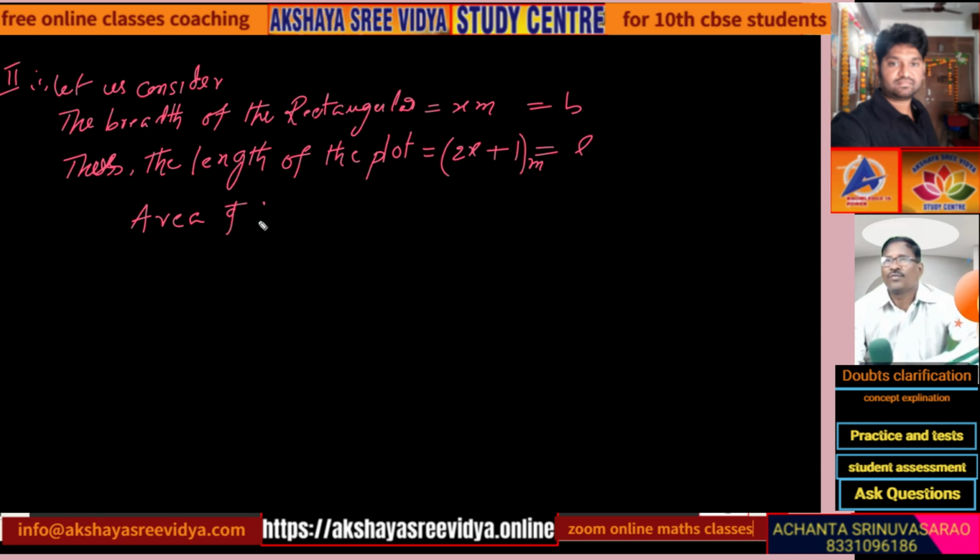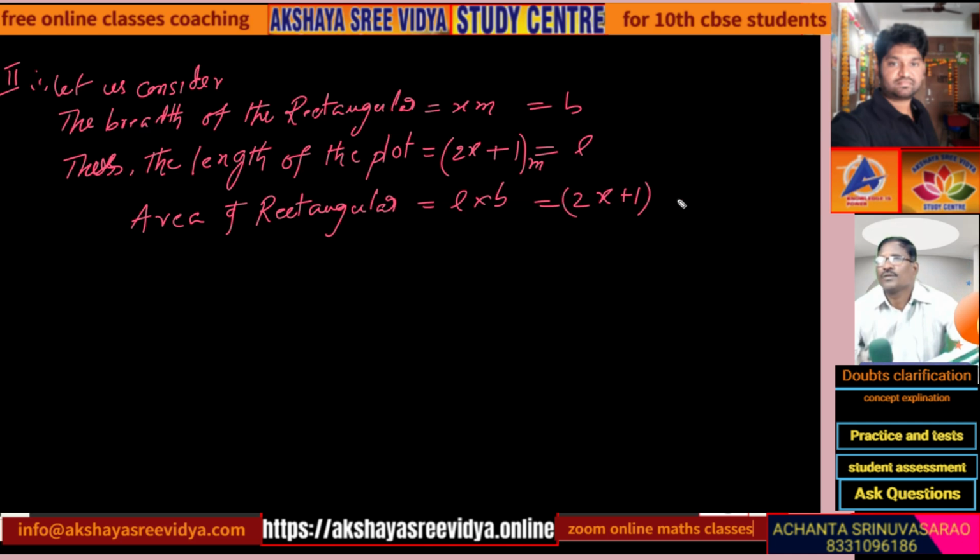Area of the rectangle is equal to L into B, that is equal to (2x plus 1) into x, which is equal to 2x square plus x.